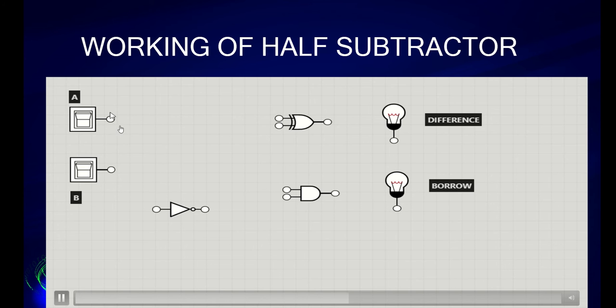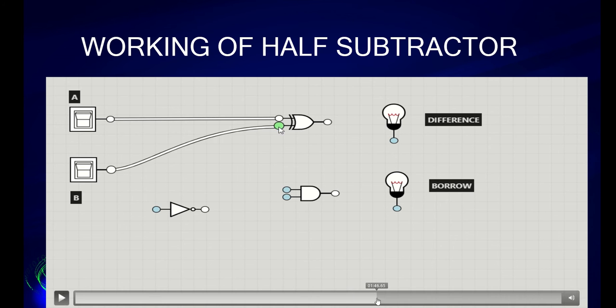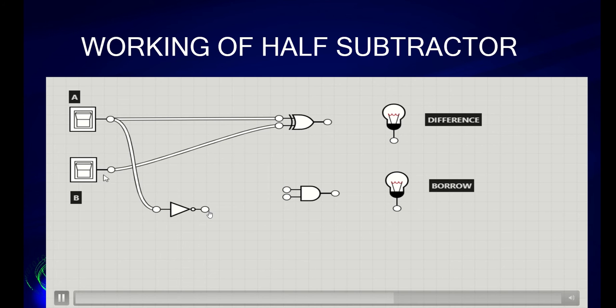Now we have to give connections. A will be one of the inputs for the XOR gate and B will be the other input for XOR gate, and A will be connected to NOT. The output of NOT will be connected to AND gate and B will be the second input for the AND gate. So the output of XOR gate and AND gate will be connected to the bulbs to check the outputs.